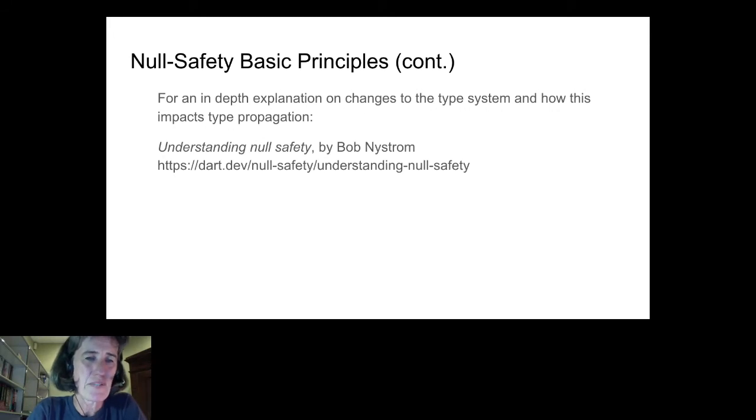Then they have a few links to this article if you want to read more. I can really recommend it. It's a very long article, but it's super well written and easy to read, and it clarified every question for me. Whenever in my migration journey I came across something like, I wonder why this cast is necessary here, this explained it. So do yourself a favor and read through this.